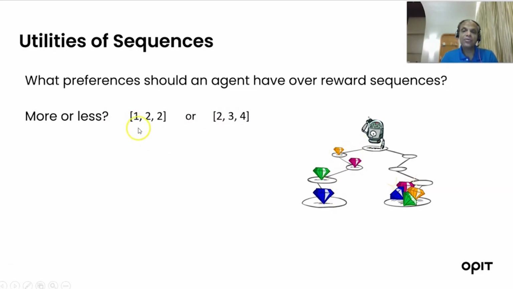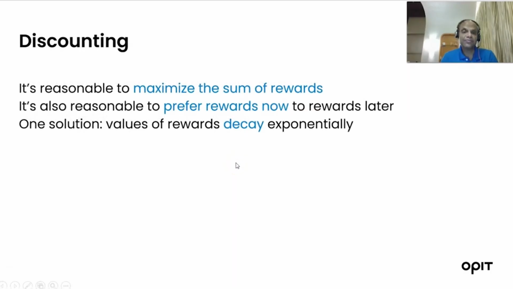Does it want to go like 1 and then get a reward of 2 followed by a reward of 2, or does it want to choose like 2 followed by 3, reward of 2, reward of 3, reward of 4? Clearly this option is larger. Now or later: as we see in this diagram, in the first 2 steps it does not get anything. In the 3rd step it gets a reward of 1, or whether it wants a reward right away, so that it does not get reward in subsequent steps.